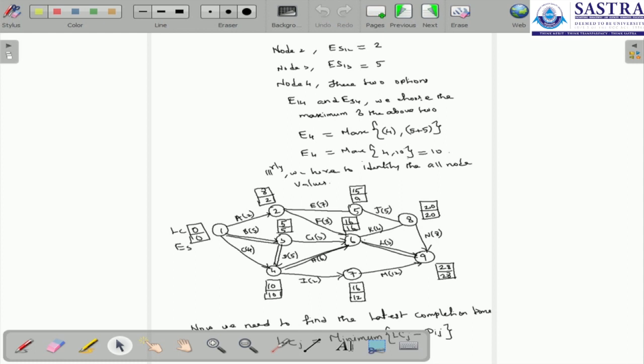So there is E34 and there is E14, so 3-4 and then 1-4.